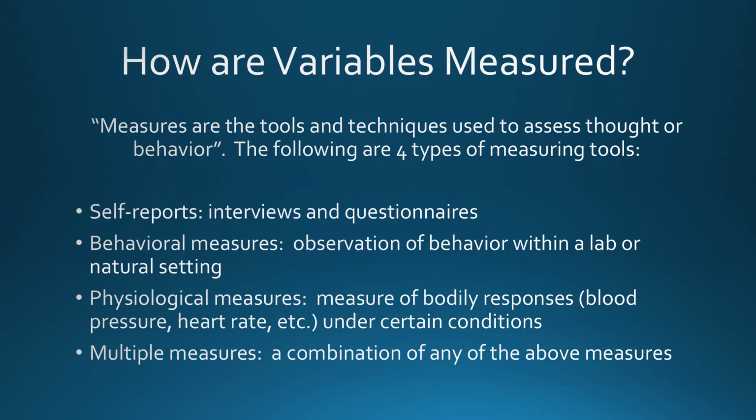Behavioral measures, we simply observe their behavior within a lab or, again, their natural setting. Physiological measures, those are pretty easy to get, blood pressure, heart rate, things like that, and we measure those under certain conditions. Multiple measures is simply when you use a combination of any of the above measures. You might be able to get more detailed information that way.